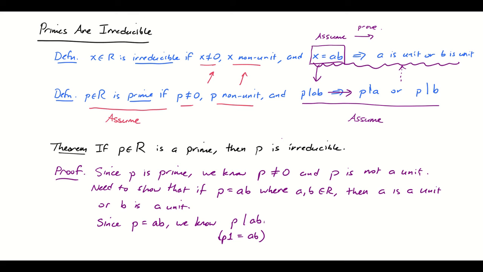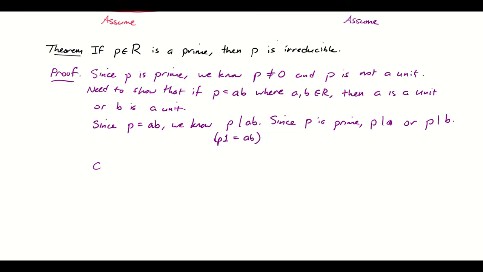So we know that P divides A times B. So since P is prime, P divides A or P divides B. So now we have two cases to address. So let's assume P divides A. Okay, if P divides A, then what does that mean? Then we know that A is equal to Px for some x in the ring.